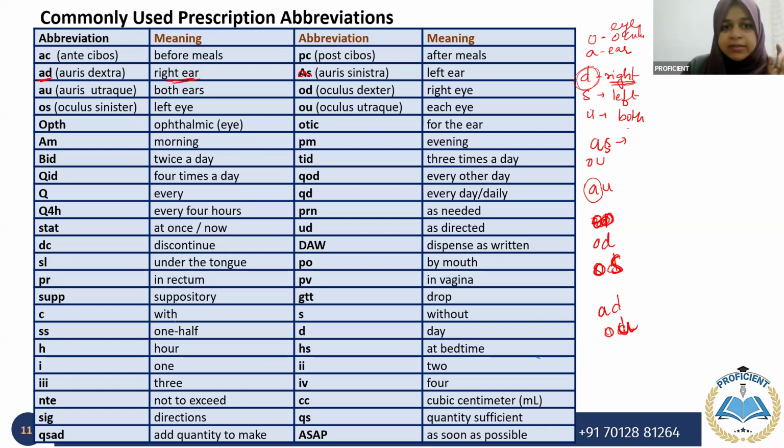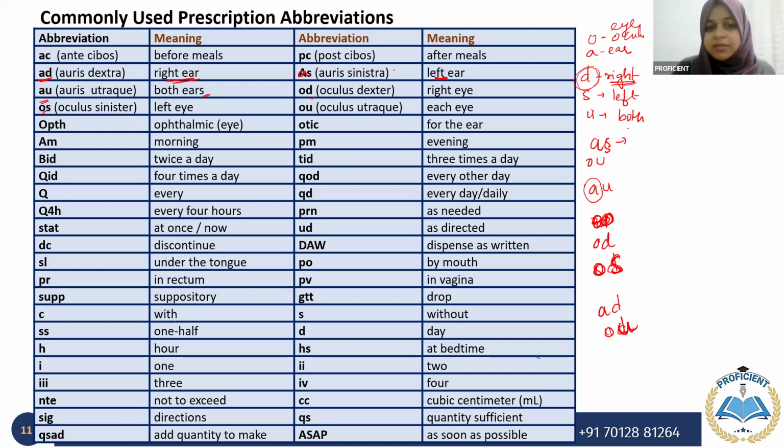AS, A ear, S left, so left ear. AU, A ear, U both, so both ears. Similarly, OD, right eye. OS, oculus, S is sinister, which is left, so left eye. OU.